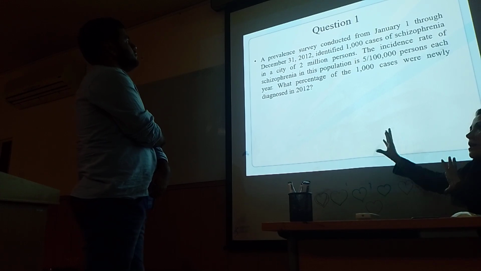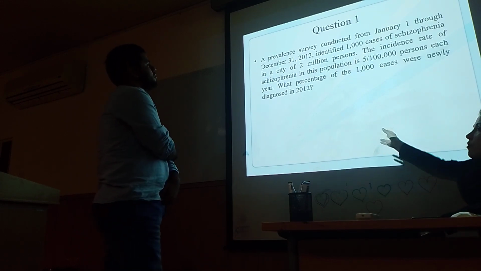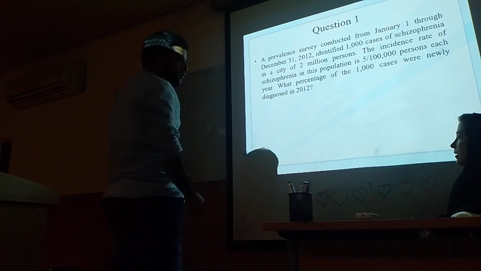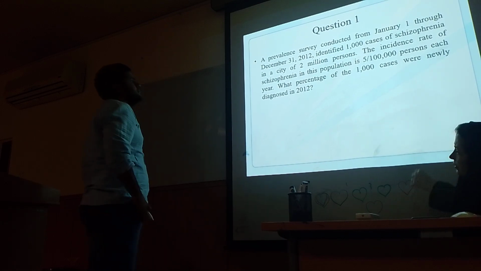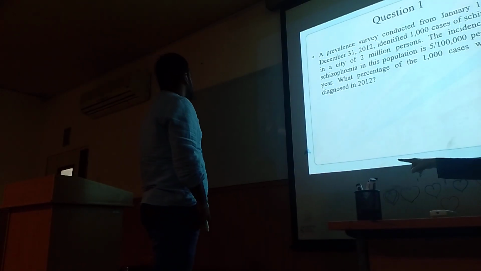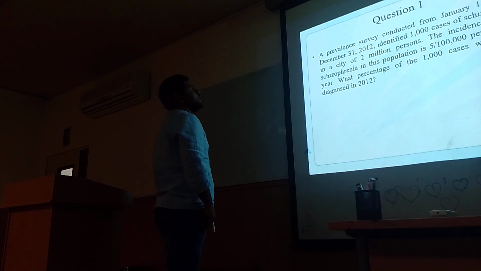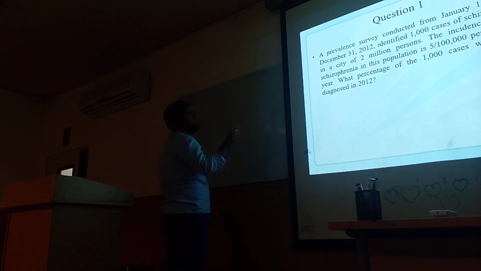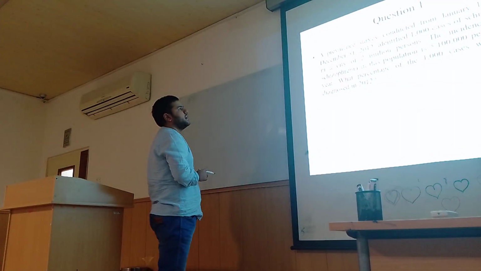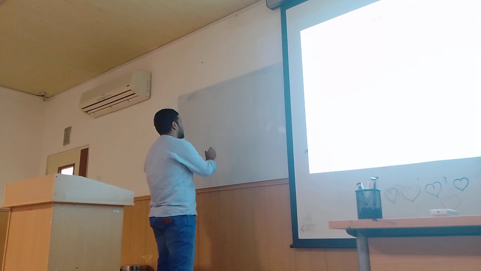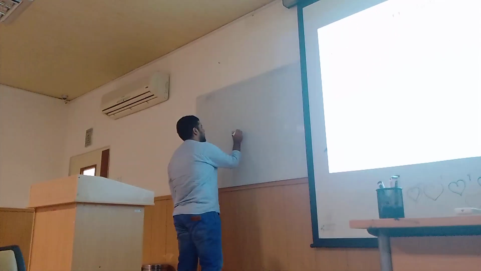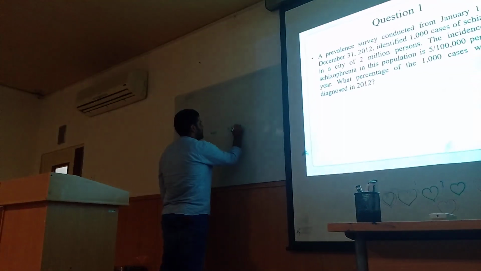First of all, please summarize the information that you have on the whiteboard. So we have firstly the date, which is specific, so we will take the date as it is. 1,000 cases of schizophrenia in 2 million persons.